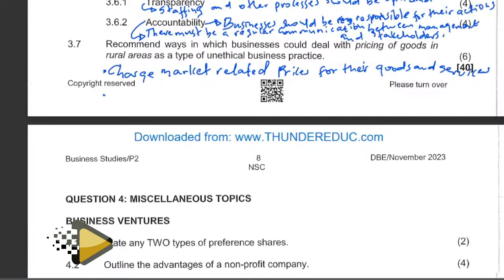And also, we said that the moment they do that, they'll be avoiding unethical business practices, to attract customer loyalty.